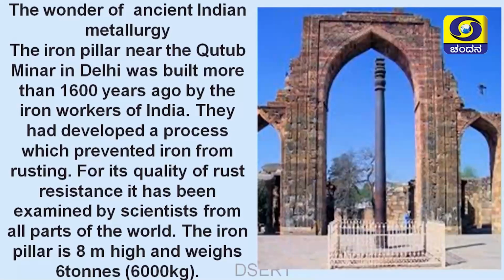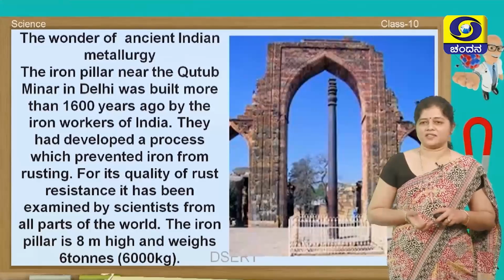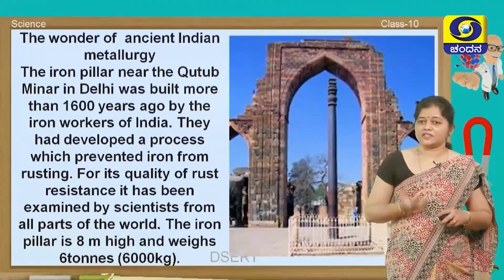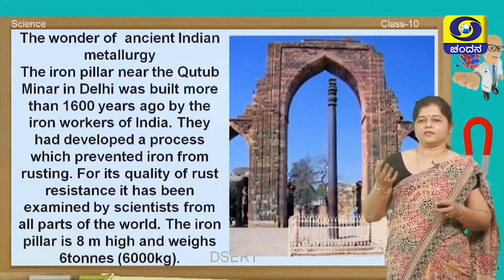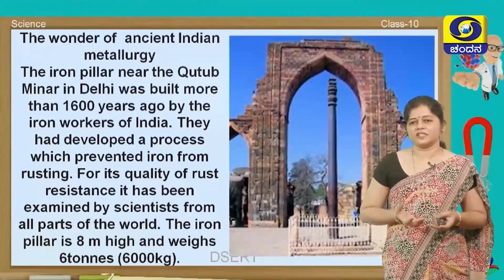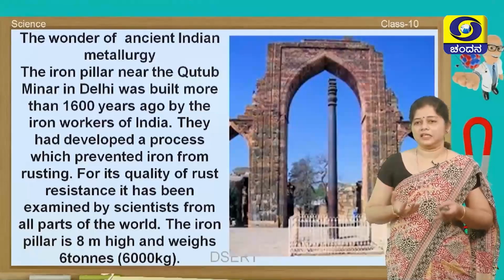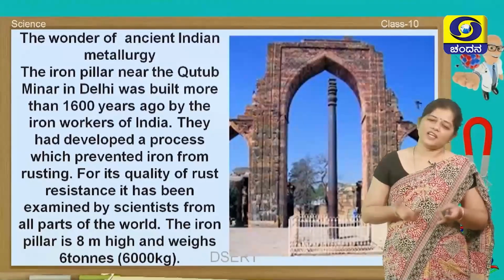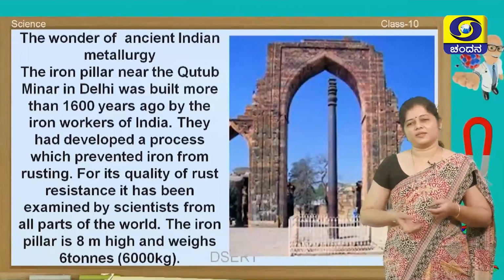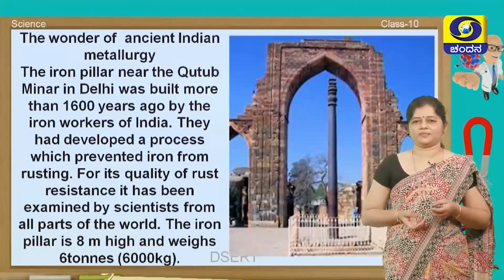For its rust resistance, it has been examined by scientists from all parts of the world. The iron pillar present here is around 8 meters high and weighs around 6,000 kg. But even with this huge amount of iron, it has not rusted till now. That is one advantage of making a metal into an alloy.